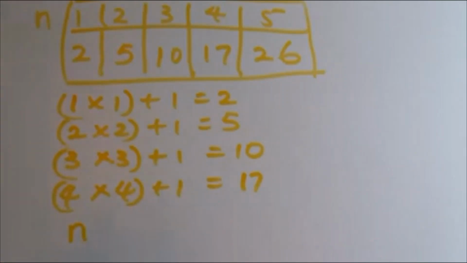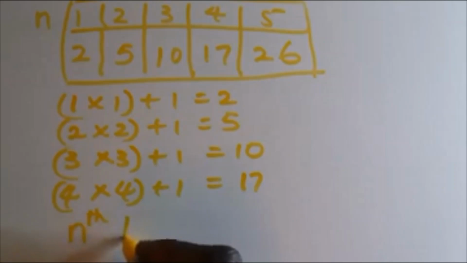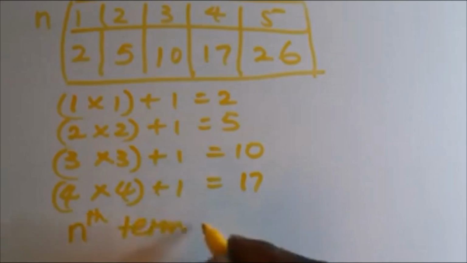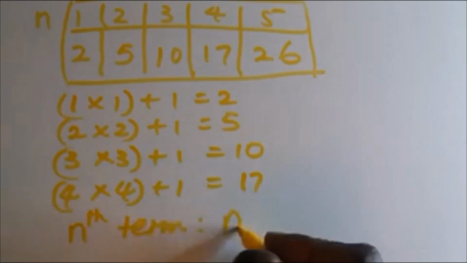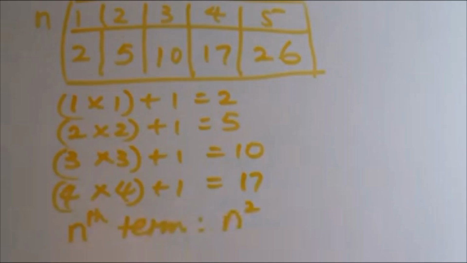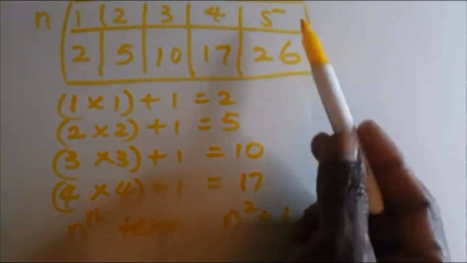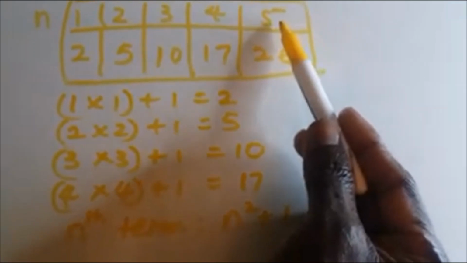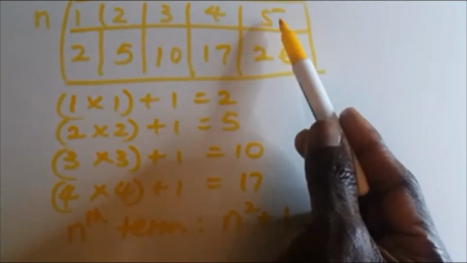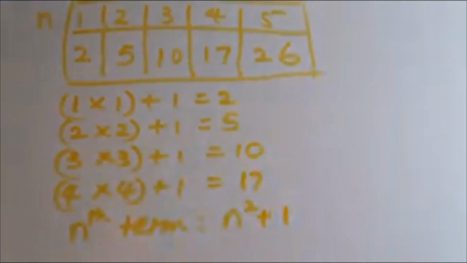So our nth term is n squared. We square the position of the term and we add 1 to it. We can check. For 5 we have 5 squared is 25, add 1 gives us 26, so that works.